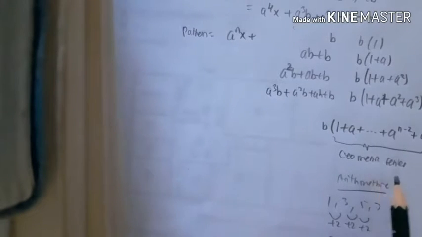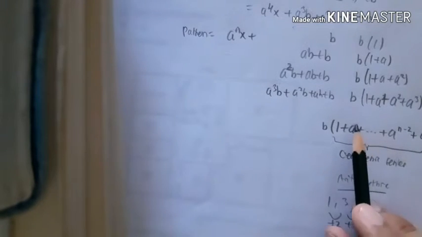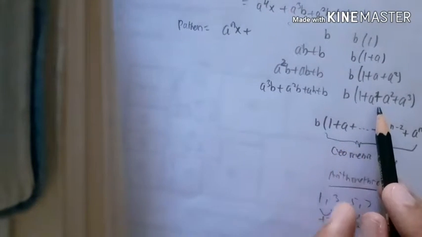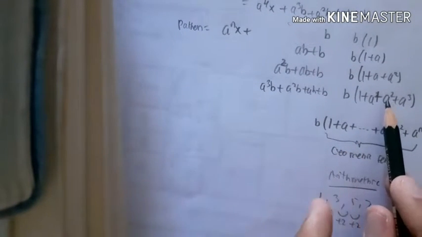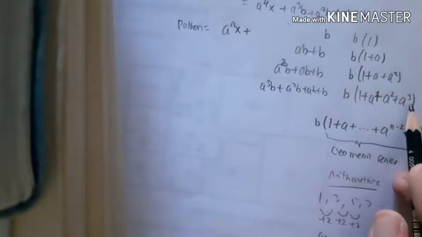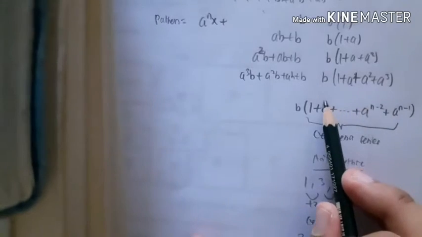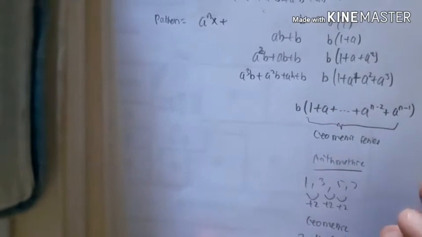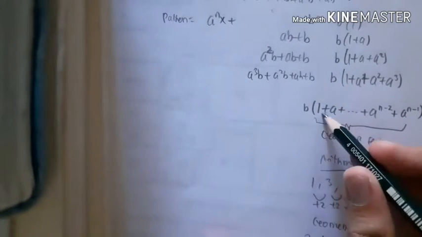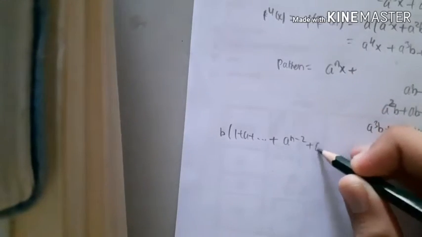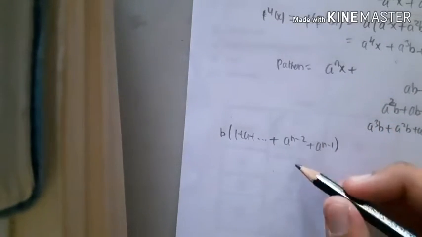Why do I call this a geometric series? Because 1 is multiplied by a, right? And you multiply it by a to become a squared. You multiply by a again to get a to the third. Therefore, we understand that we can change this into a geometric series, right? Let me rewrite it: b of 1 plus a plus so on.